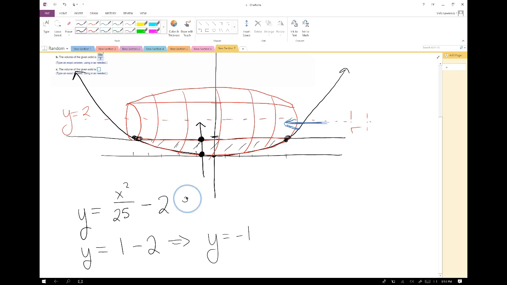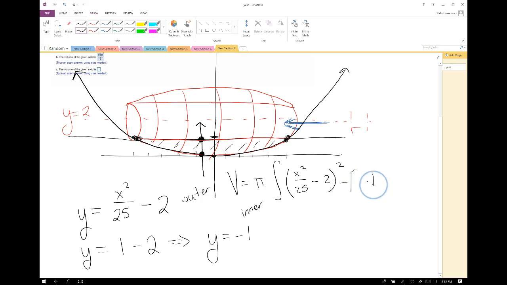So this is our outer, and this is our inner. When we do the washer method, those radii get squared separately. So the volume is pi times the integral of your outer radius squared minus your inner radius squared.